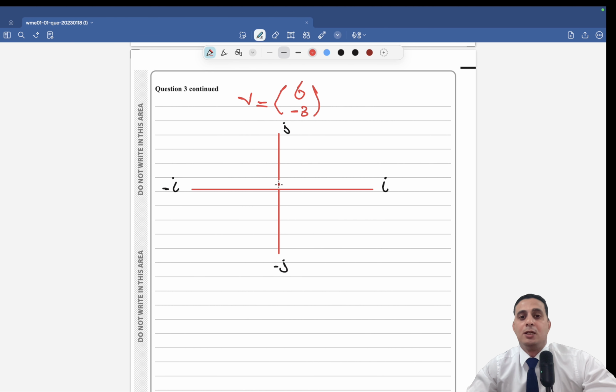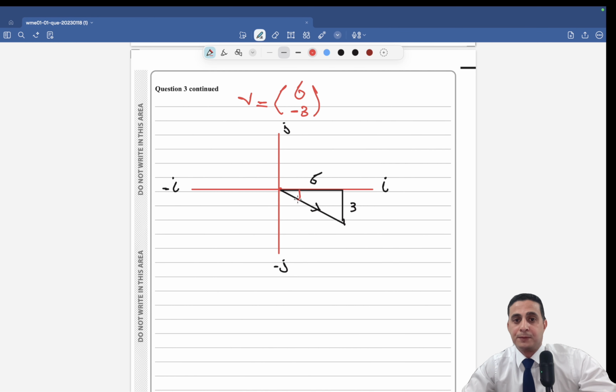Let's sketch this vector. Starting from 0, 0, I need to go 6 to the right, and 3 down. And this one here is my direction. I need to find this angle here, or that one. It's either this angle, the angle between that direction and that direction, or that one here.